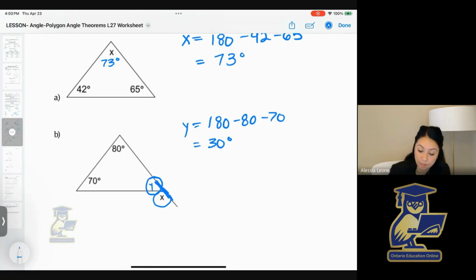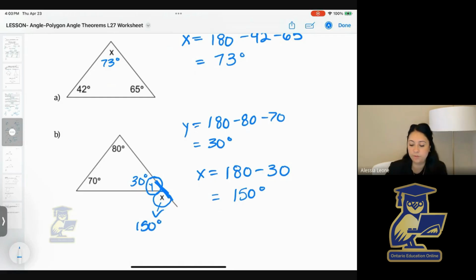That gives us 30. So we know y is 30. Now we can do x because we know x is 180 minus y. So this over here will be 150 degrees.